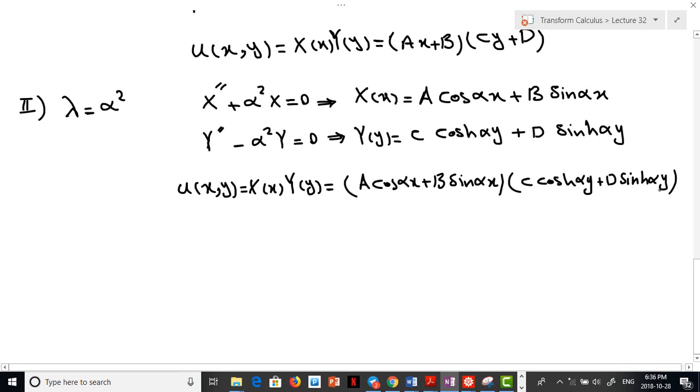So in this case, we could solve the partial differential equation as well. Now the third case.